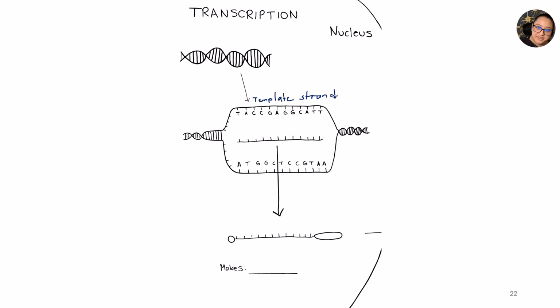Template strand, okay. And this is what you're going to look at: what base is here, and that will dictate what you're going to put here in the mRNA that you're writing. And that other strand is going to be the coding strand.